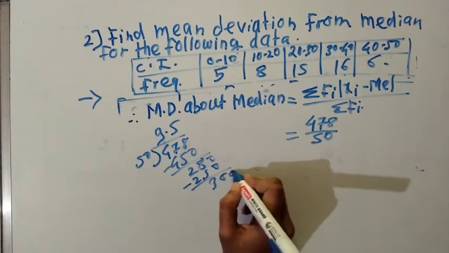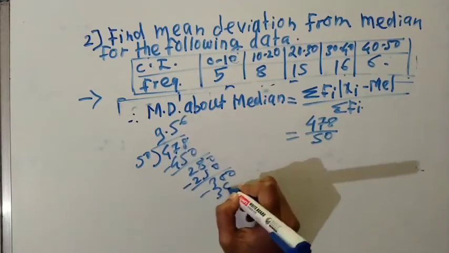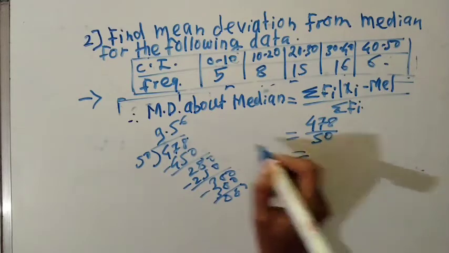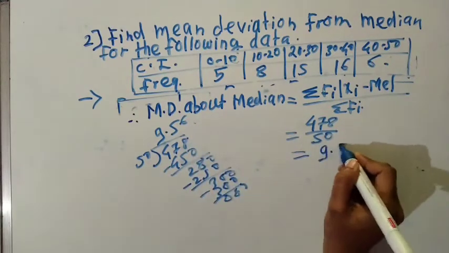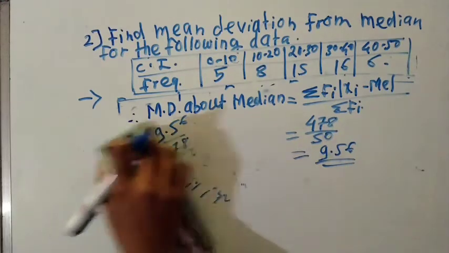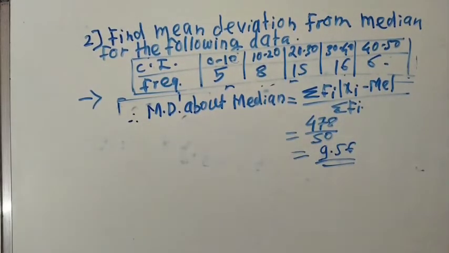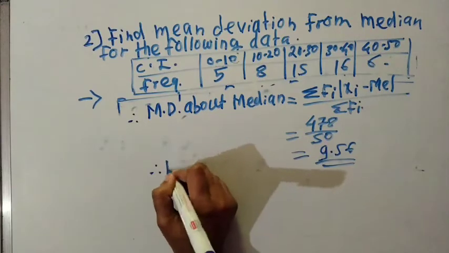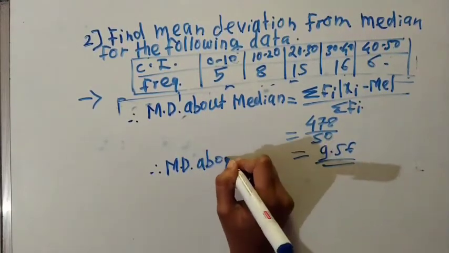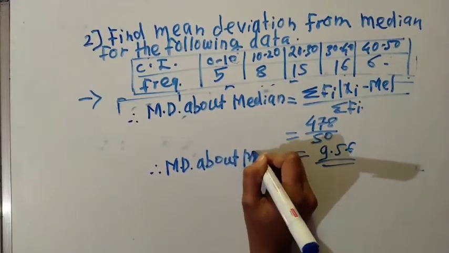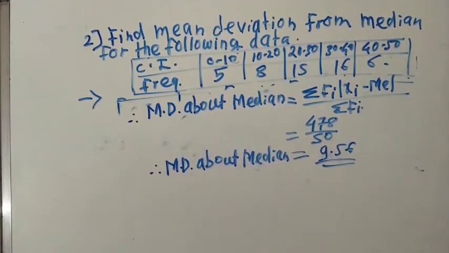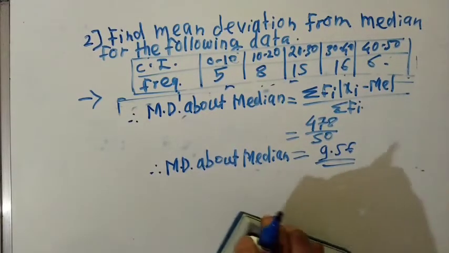So this division is 9.56. Hence the mean deviation about median is equal to 9.56.